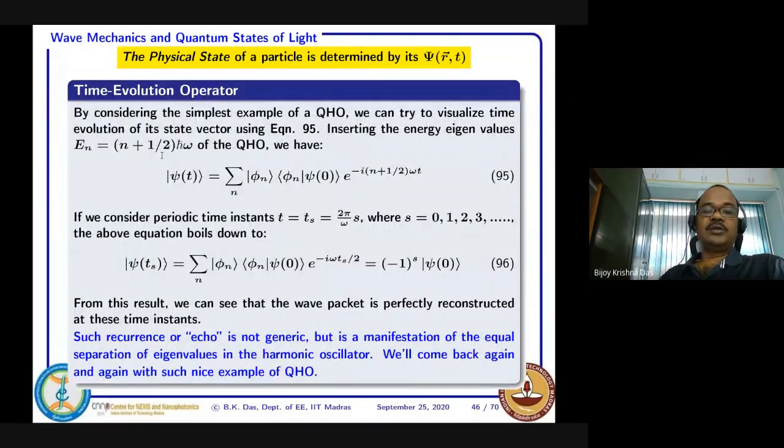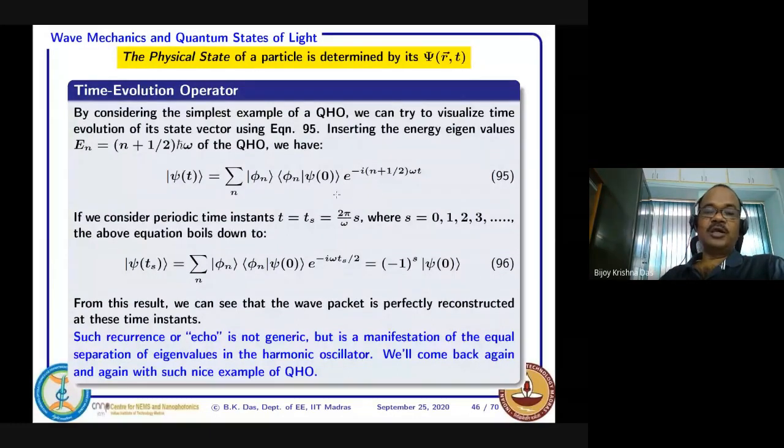h cut was in the denominator, so it will be cancelled. That means we can write e to the power minus i (n plus half) omega t. Now n is an integer, n equal to 0, 1, 2, 3, corresponding to the eigenstates, and their corresponding eigenvalues will be like this, as we discussed earlier.